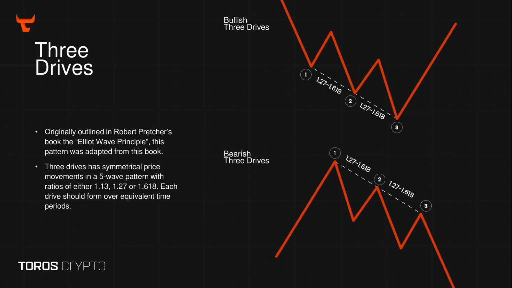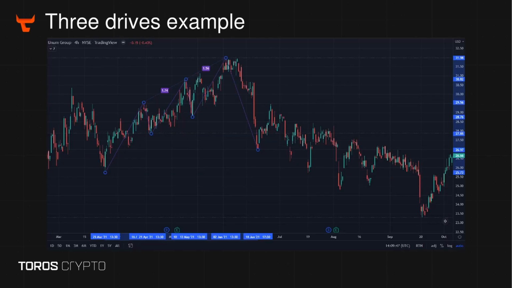So that's how I try and identify these ones, because it's kind of like a double ABCD in the 3 drives. So here is an example of a 3 drives where price comes up into that first drive, retraces, comes up into the second drive, retraces, comes up into that third drive, and then retraces down.